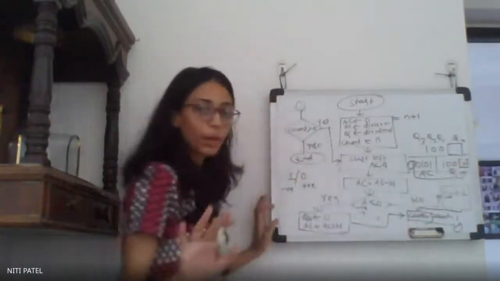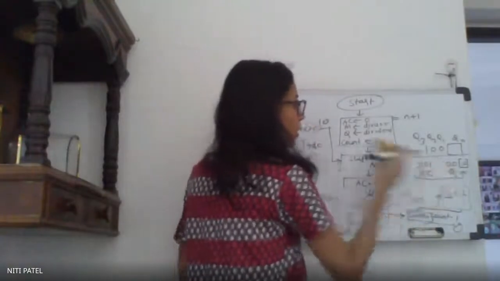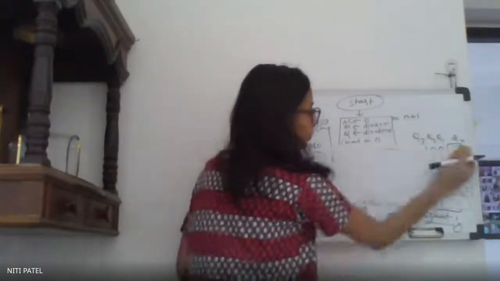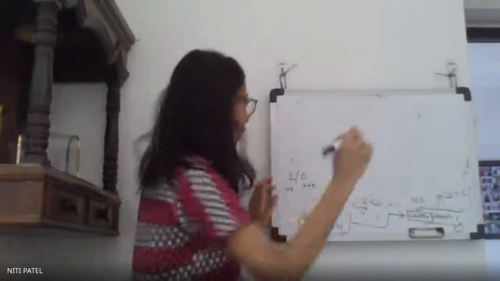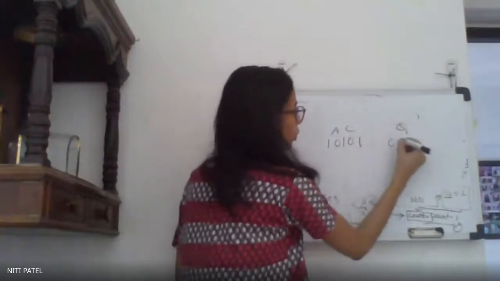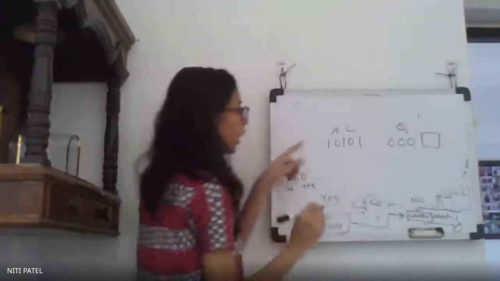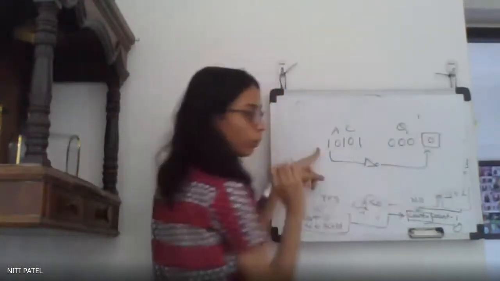So simply remember one thing, if you get confused in this part: if your AC is 10101 and your Q is 000 and the box here is 1, you have to invert it and put 0.